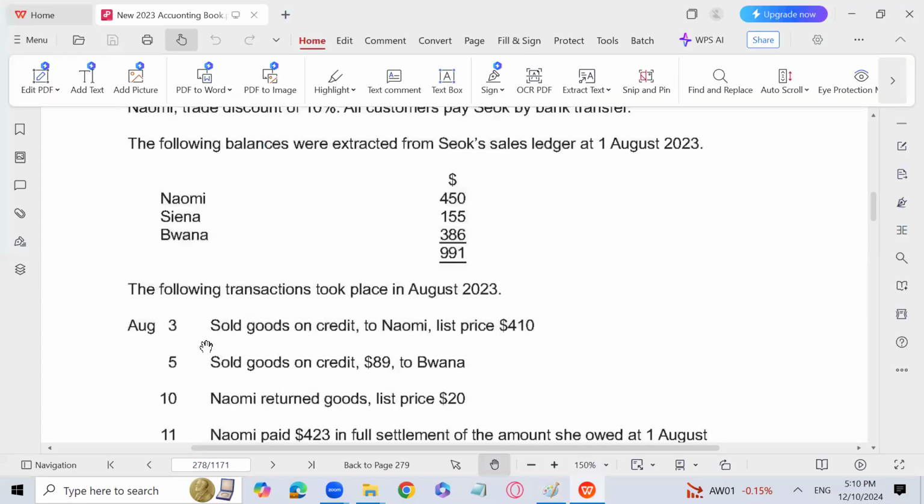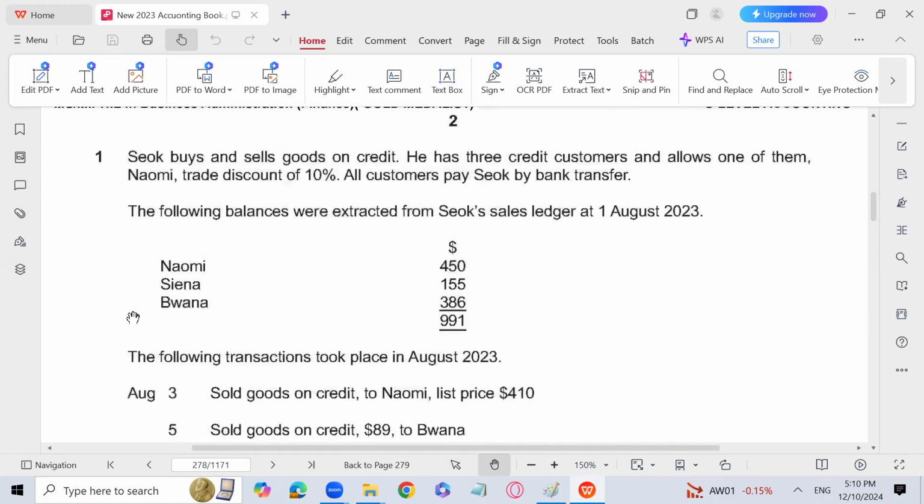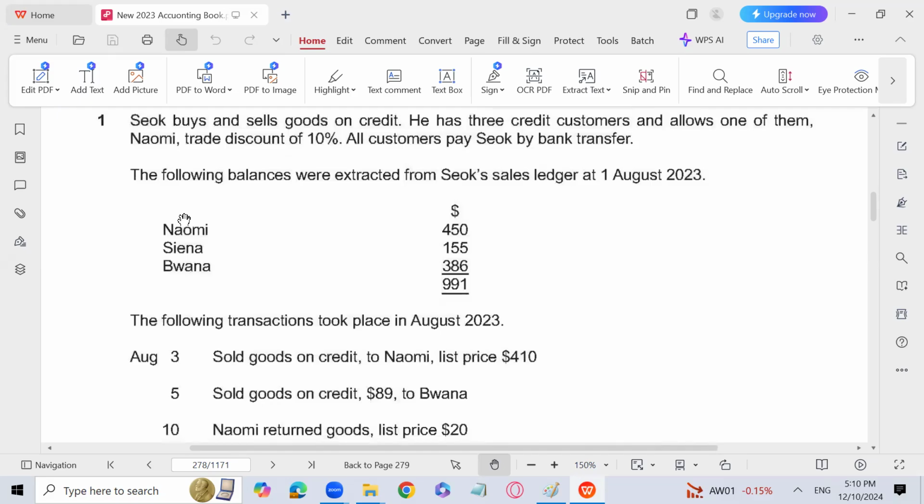So on August 3, we have sold goods on credit to Naomi. I will write the name of Naomi and the amount of sales, 410. But here there is a difference: we give a trade discount of 10% to Naomi. So 410 into 10% is 41, and 410 minus 41, because trade discount is given for bulk buying or to a loyal customer, and it is not shown anywhere in the books.